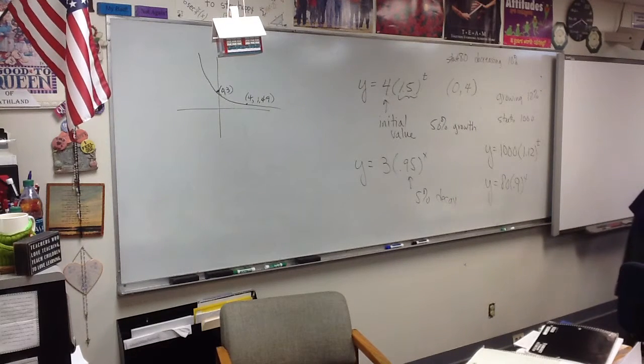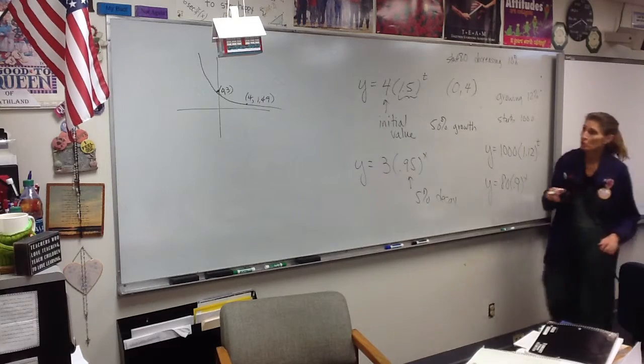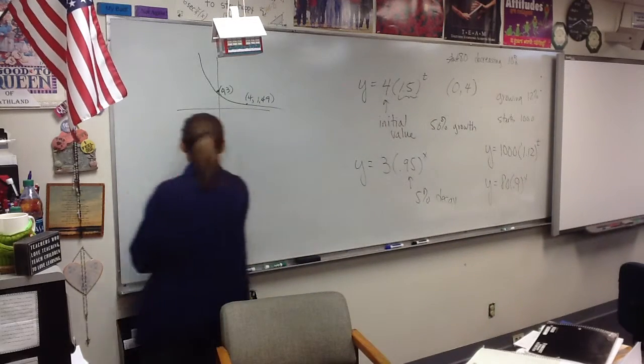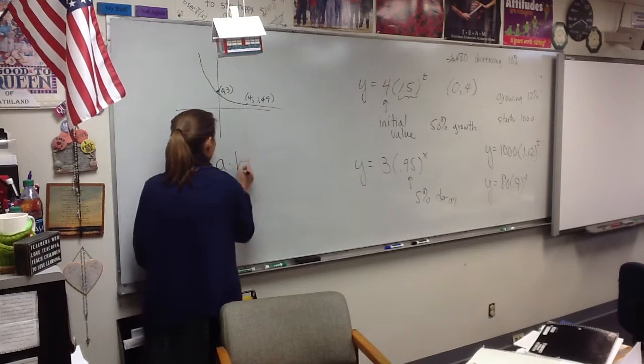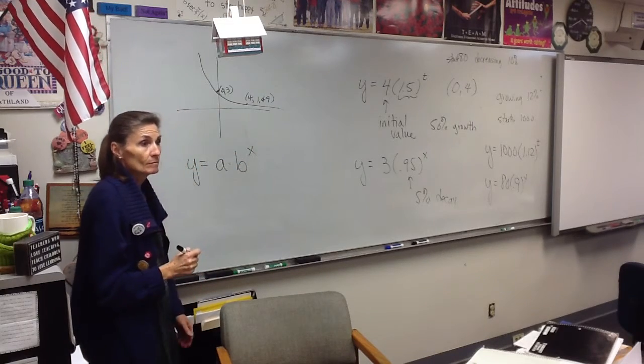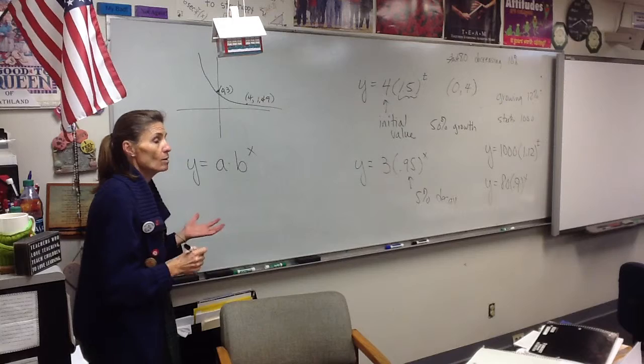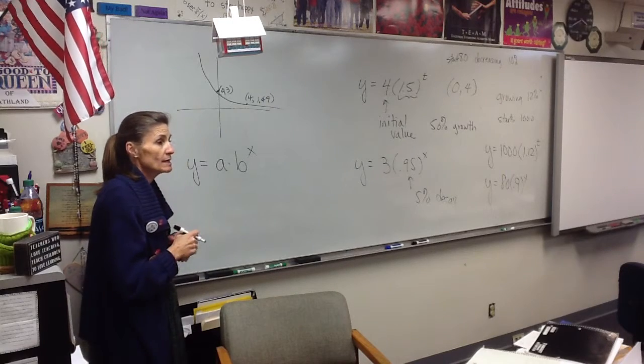Find the formula or the equation for the exponential function. Well, we've done that before. Y equals ab to the x, right? We've done this 2 days in a row. This time it's going to be a little different because we're going to need a calculator.